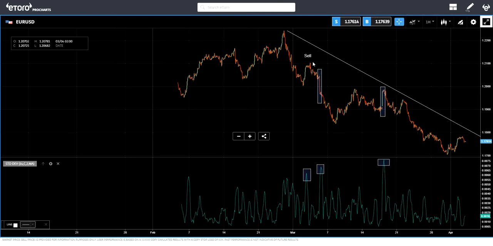So because already we are moving a leg up, that's very, very hard that next move will be a leg down. So you sell here and nicely price moves down.